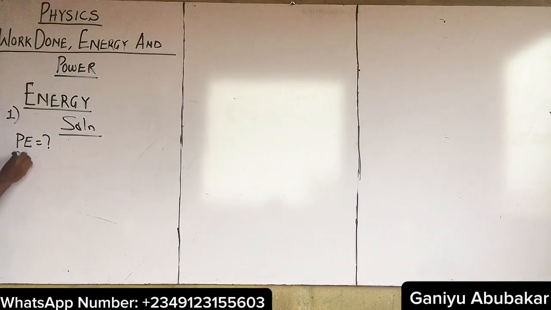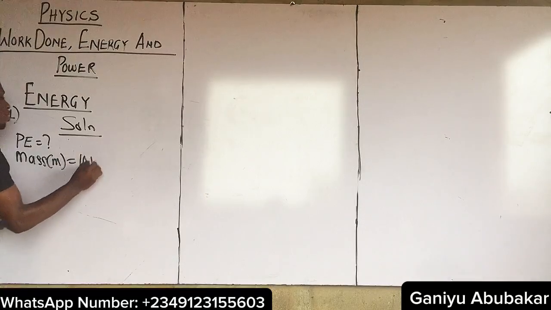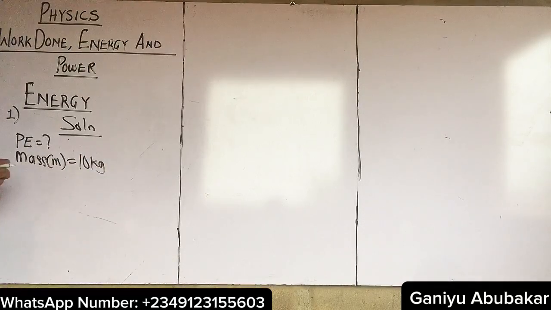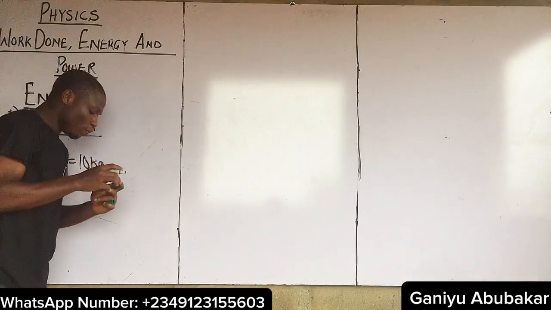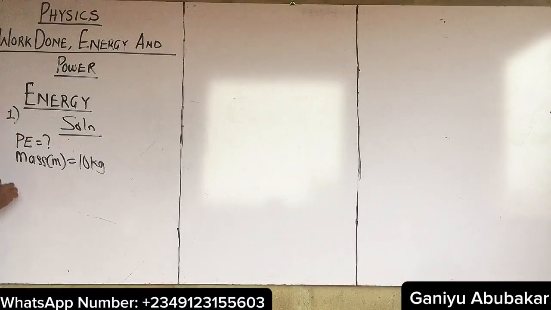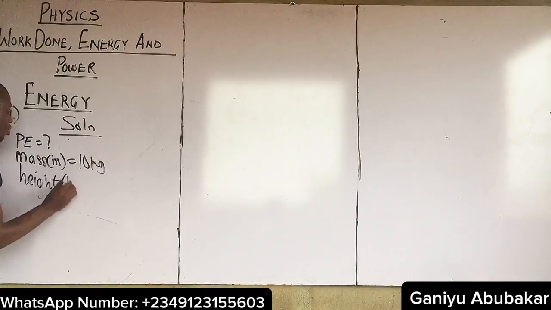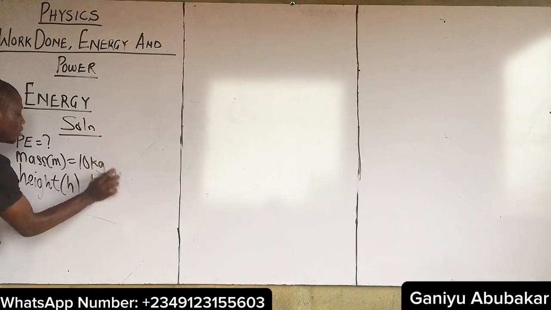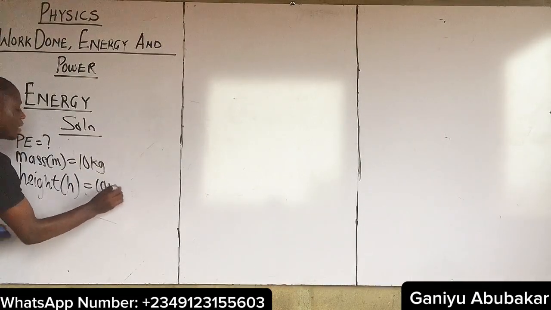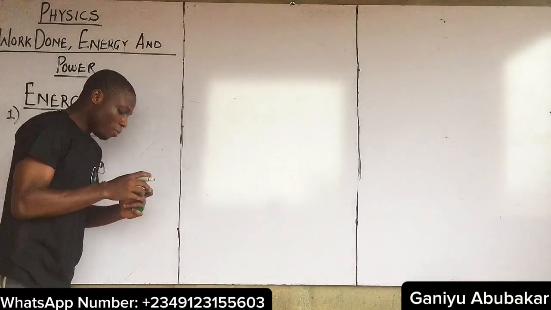Of a body of mass 10 kg. I'm given mass, that's m, 10 kg, standing on a building floor of 10 meter, that's height, h, 10 meters, above the ground level.